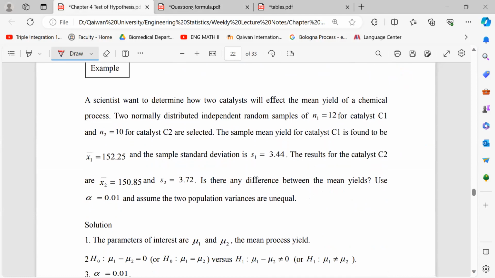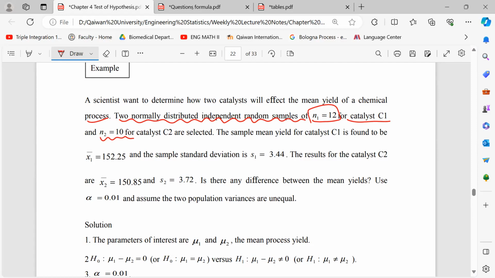Here you have an example. It says a scientist who wants to determine how a catalyst will affect the mean yield of a chemical process. Two normally distributed independent random samples of N1 is 12 for catalyst C1 and N2 is 10 for catalyst C2 are selected. So N1 and N2.